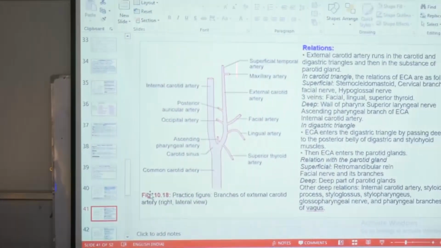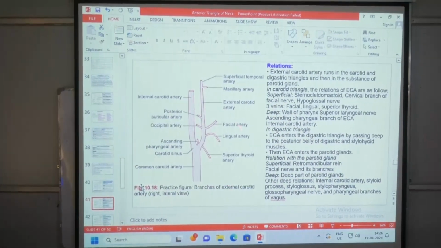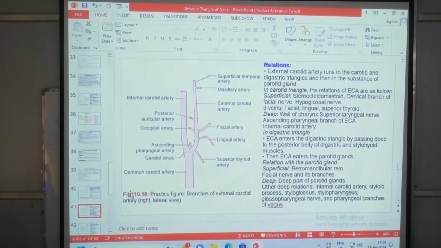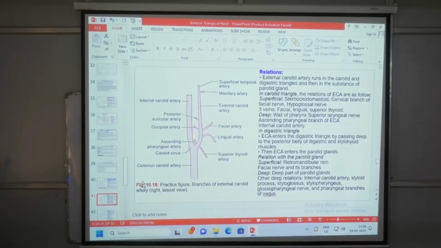Here the dilatation is known as the carotid sinus, and here lies the carotid body. So it divides into two branches, internal carotid and external carotid. All the branches in the neck are given from this external carotid.